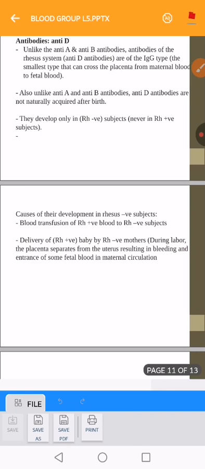But later on, if the same mother gets pregnant again, and as we mentioned, the antibody against antigen D is IgG, and IgG can cross the placenta. Now the mother, in her circulation, has antibody against D antigen.